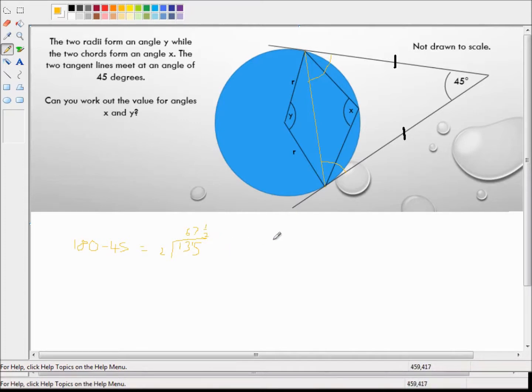So let's pick a slightly bolder colour. I'm going to say this angle here is 67.5 degrees.